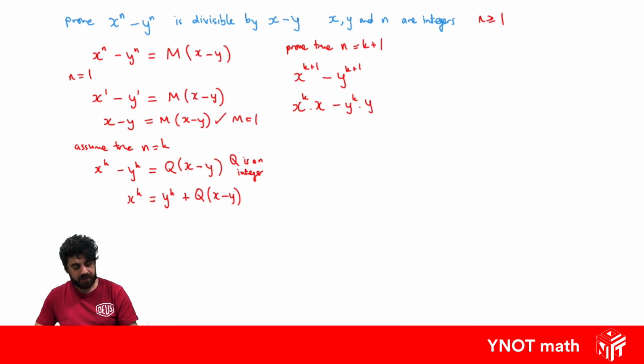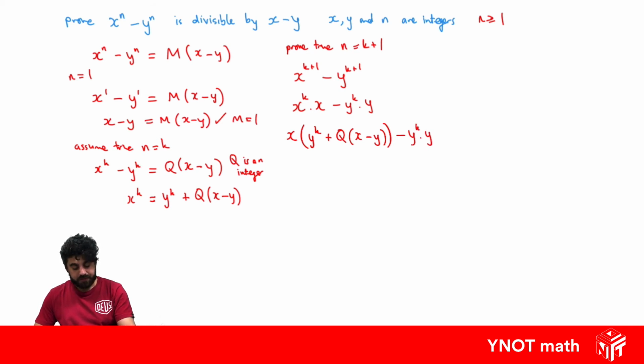We've already prepared that x to the k equals all of this, so let's go ahead and sub that in. So we're going to have x times x to the k, which is y to the k plus q times x minus y, minus y to the k times y.